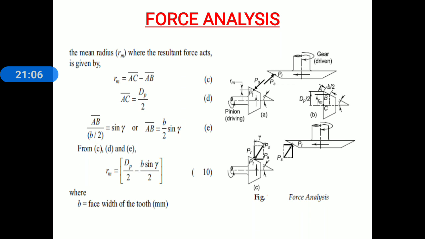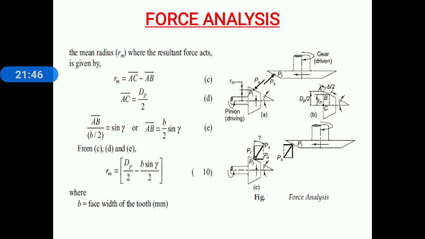Now how do we get the value of AB? Here we consider sine gamma in this triangle: the opposite side to the hypotenuse. The opposite side is AB and the hypotenuse is b by 2, because the face width is considered as b and half of the face width is b by 2, which is the distance measured from the center to the particular end.